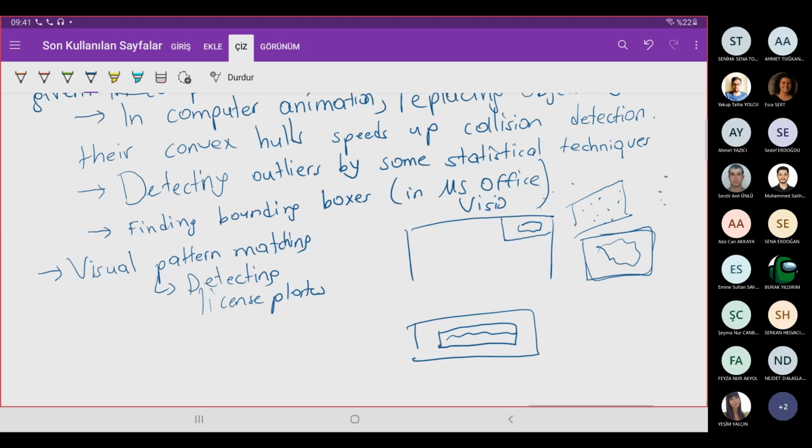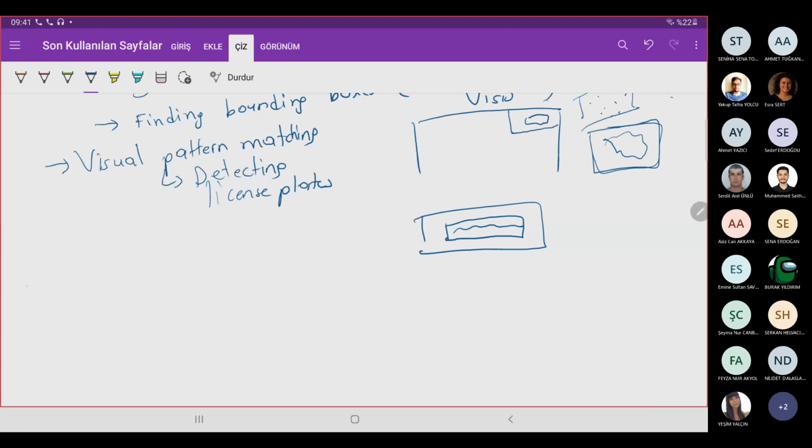Now we will continue with the theoretical part. Theorem.